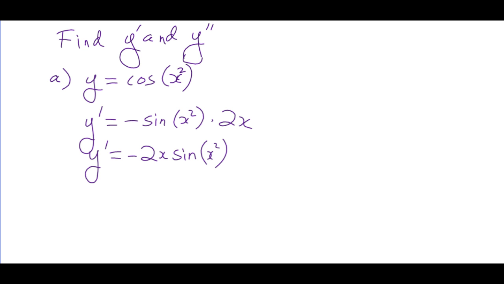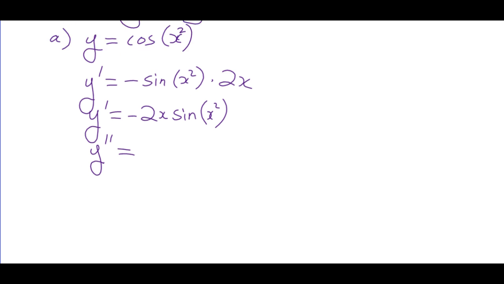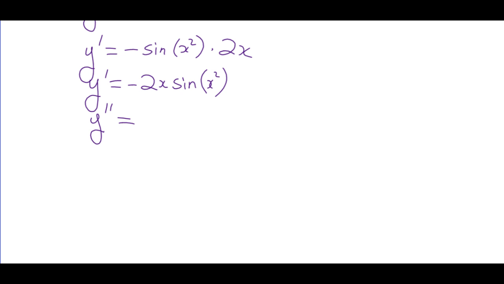Okay, is that good? And so now you can pair it up. Come on, move down. There we go. Now I want to take the derivative of that, which is going to involve a product, right?